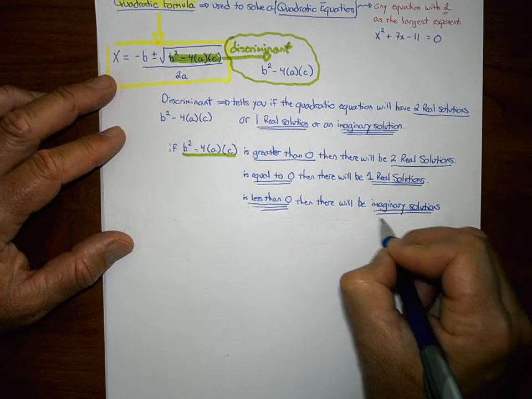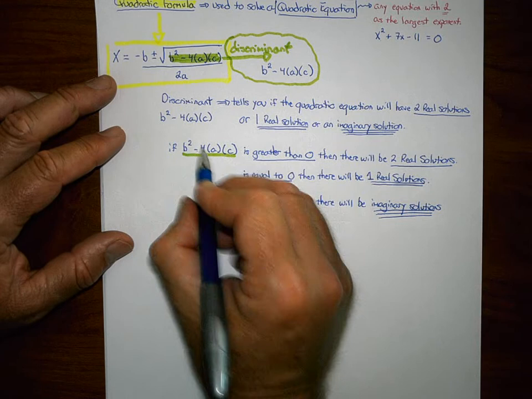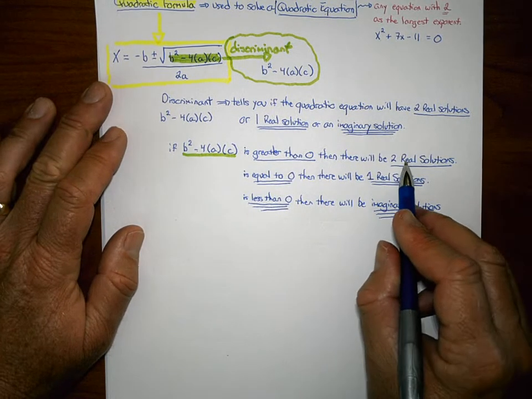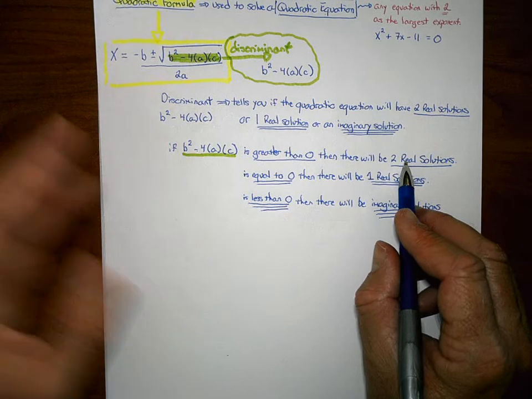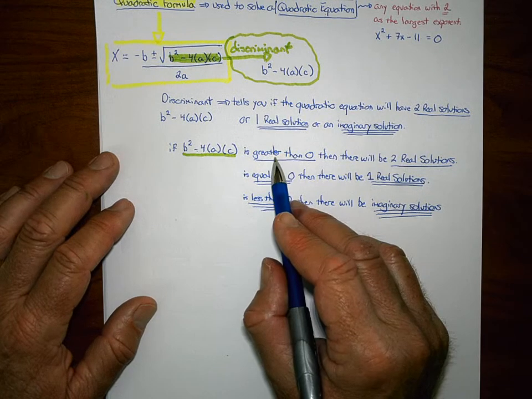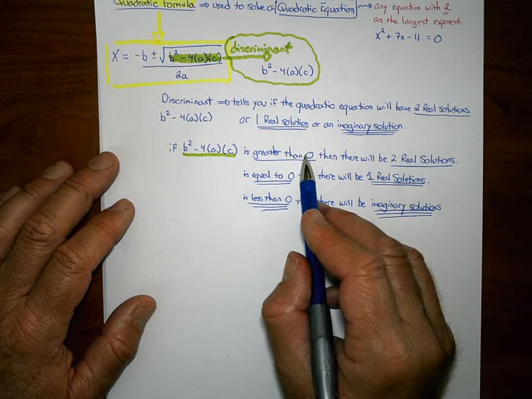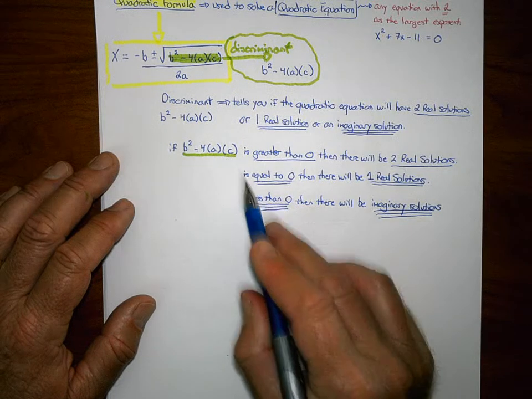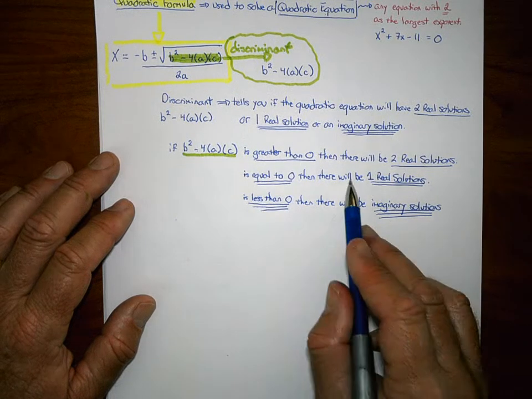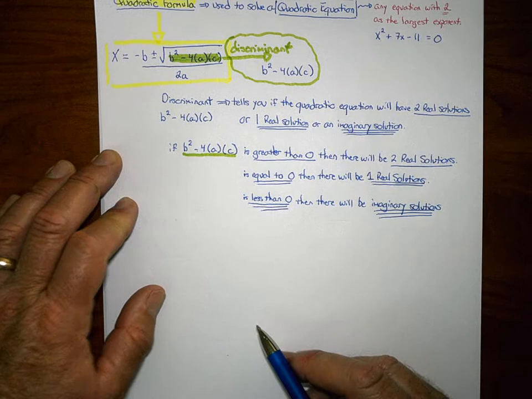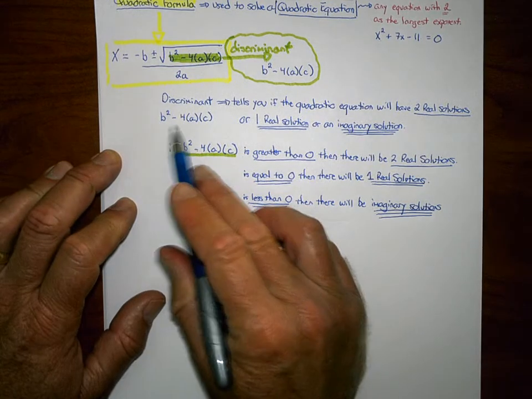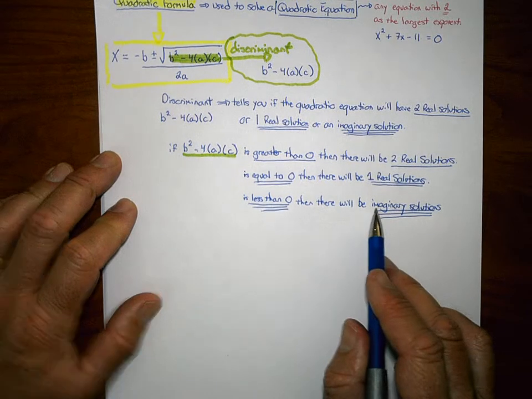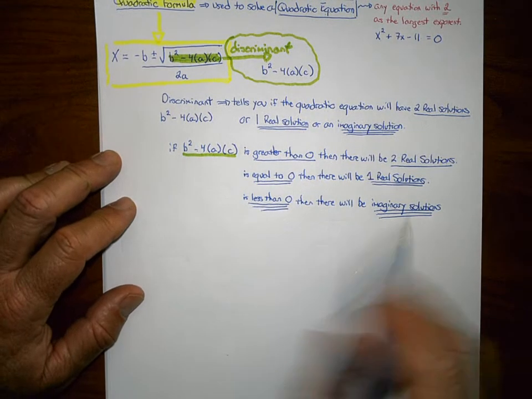So the discriminant gives us a clue. If it's greater than 0, there will be two real solutions. If it is equal to 0, there will be just one real solution. And if it is less than 0, there will be imaginary solutions. Okay?